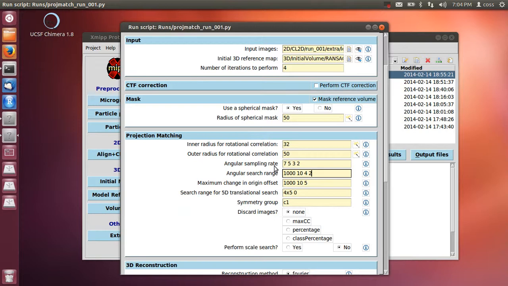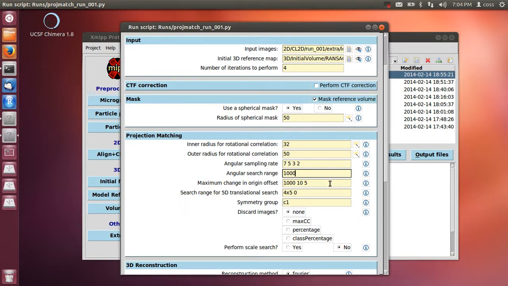If you are not so sure about your structure, then you would prefer a global optimization, so you would leave the angular search free for all the iterations. For instance, let's say that we want to do a free global search, so we leave 1000. If we don't give more parameters in this list, the last parameter will be repeated, so it will be 1000 all the time.